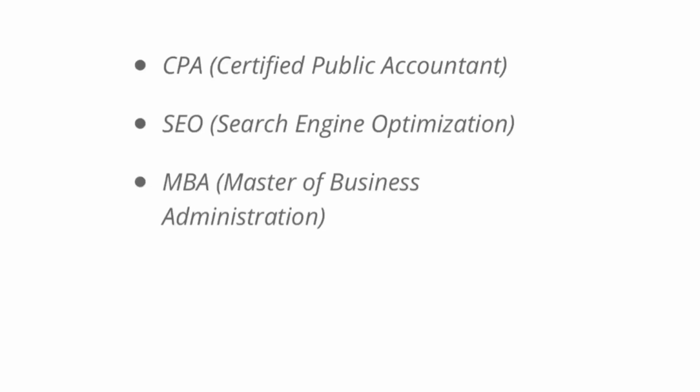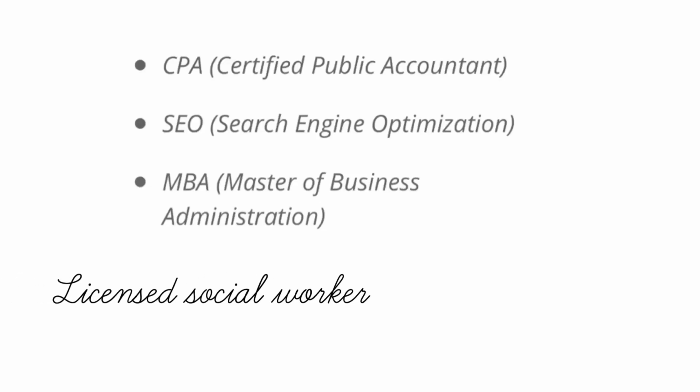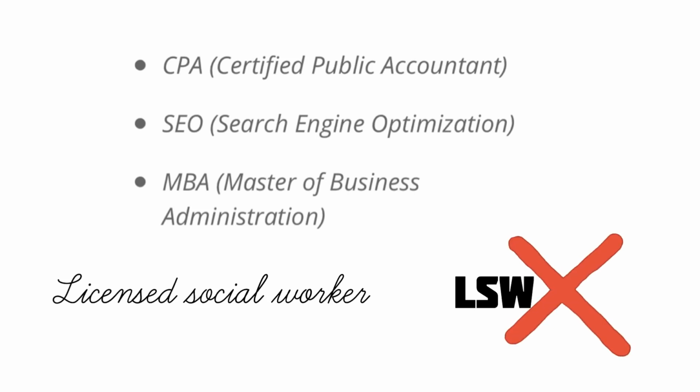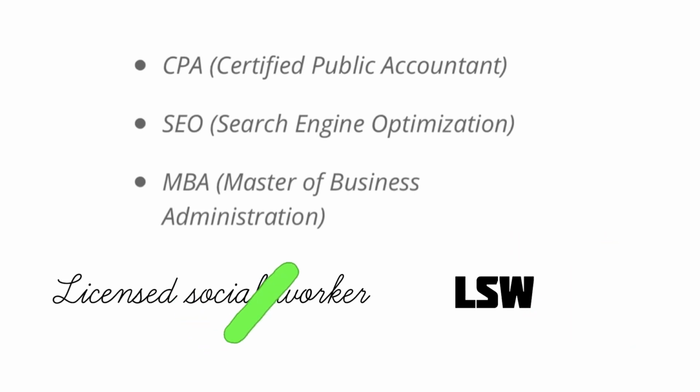If the job description says licensed social worker, but you've put an acronym, LSW, there is a high possibility that the ATS is not going to pick this information up, because it is actually looking for licensed social worker. So what I'll advise you here is to use both rather than just using one, to increase your chances of getting shortlisted. Whenever you're in doubt, just stick to the phrases which are there in the job description.